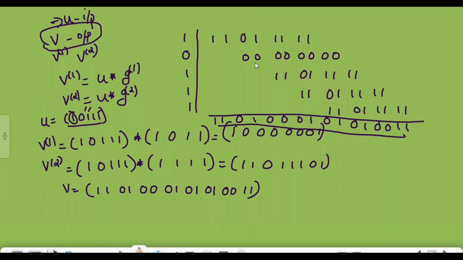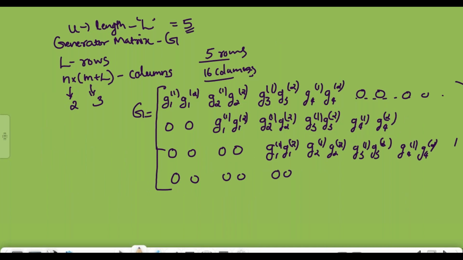This is all from the basic definition of the convolution sum. Anyway, we have seen this method for finding the convolutional code corresponding to a particular input sequence, and later we have seen the generator matrix of a convolutional code.